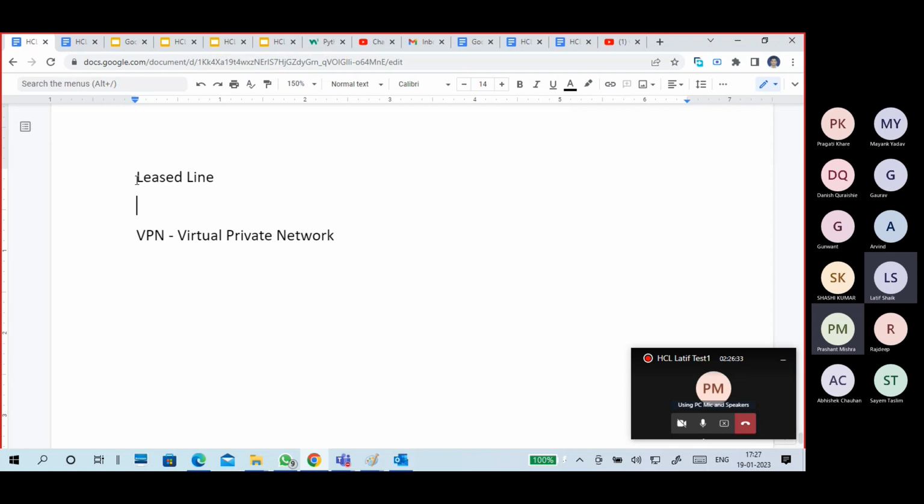VPN here is not your mobile VPN, guys. VPN means if you work from home or in a branch office and you don't have dedicated connectivity, then we use a VPN. Before that, we should know what we used, and still use, called leased lines. Leased lines are dedicated lines.